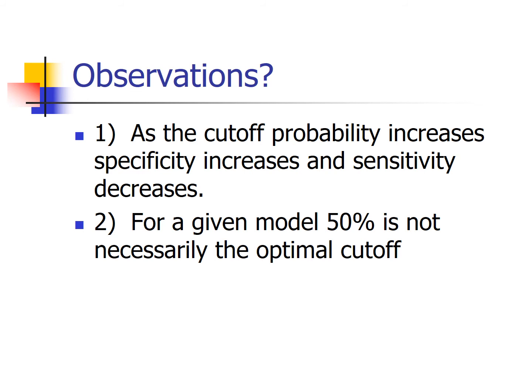We're seeing the sensitivity increase, and we're seeing the sensitivity decrease. And so, right, that tells us that 50% is not necessarily the optimal cutoff, right?